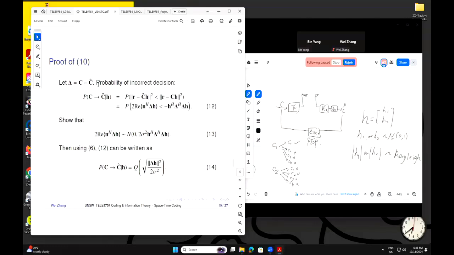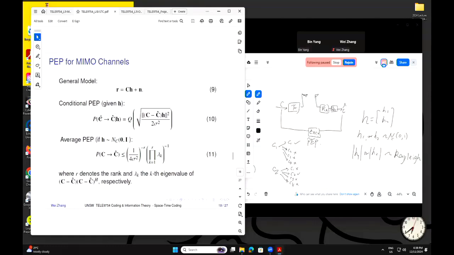So firstly, we need to start from the left-hand side, right? Equation 10, left-hand side: the probability of C being mistakenly detected as C hat. Now you need to truly understand the physical meaning of the wrong detection, or detection error. Why can this detection be made in error?